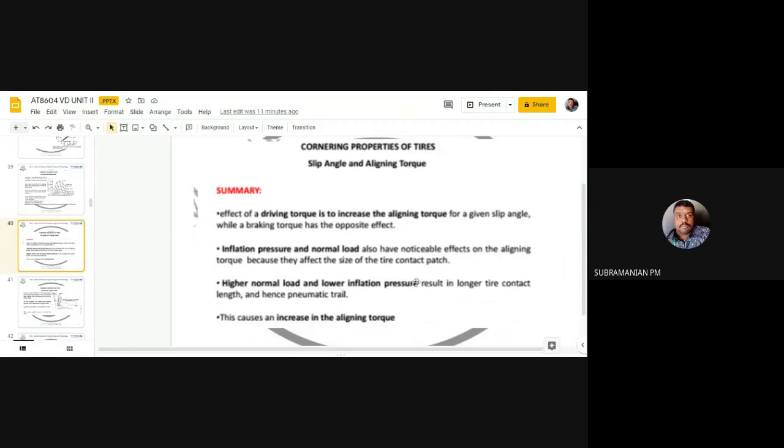Note this down: higher normal load and lower inflation pressure give a longer tire contact length, so the pneumatic trail will be more, and the aligning torque will be more. That is, when you need more aligning torque, the preferred condition is more normal load and low pressure, so we get a longer pneumatic trail.